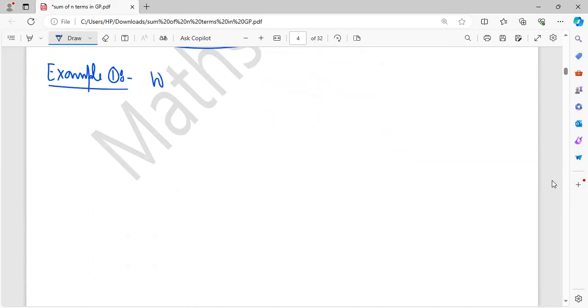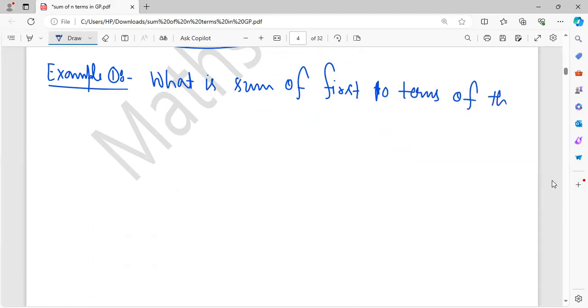What is the sum of the first 10 terms of the given GP?